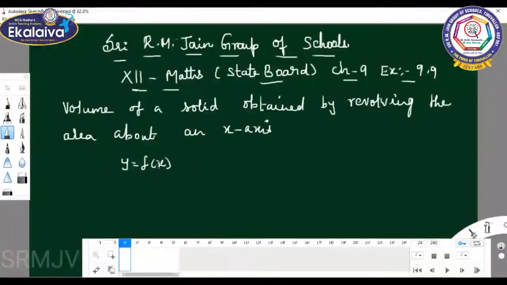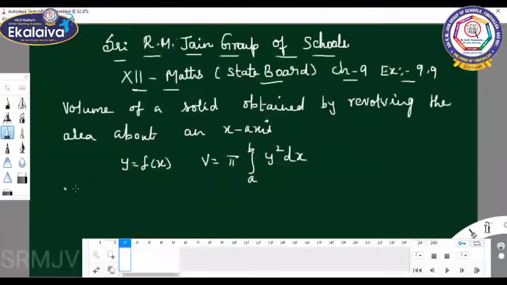Then the volume of the solid of revolution about the x-axis, V equal to pi integral a to b y square into dx.